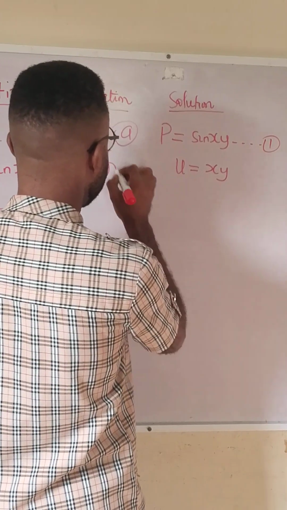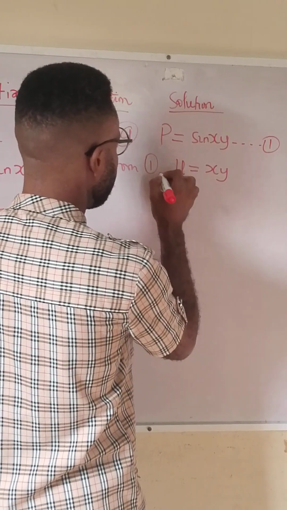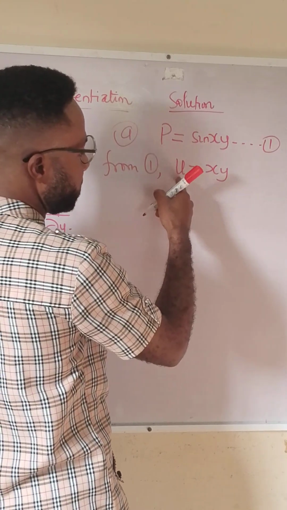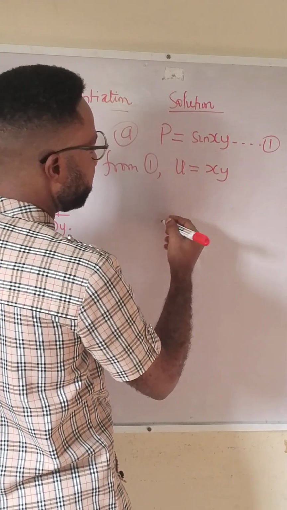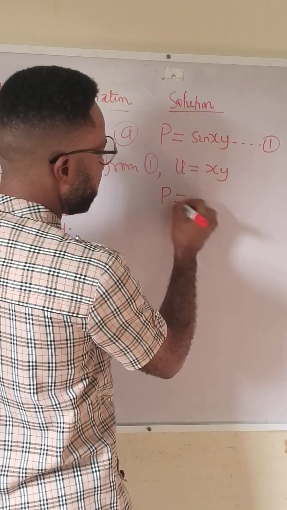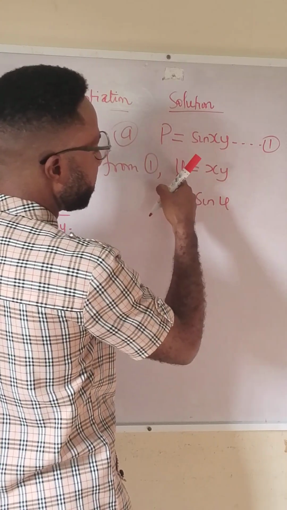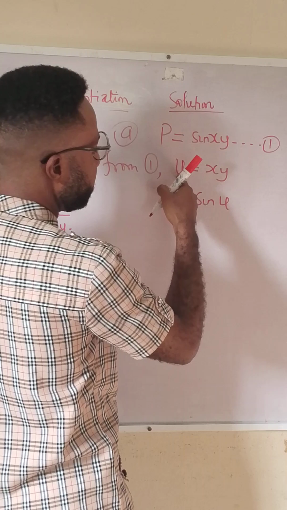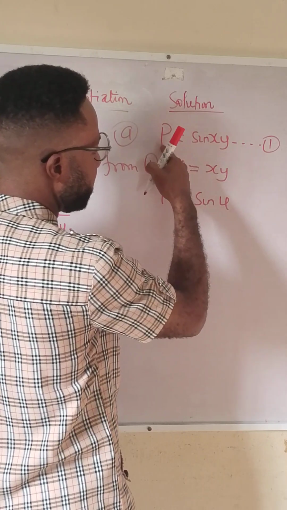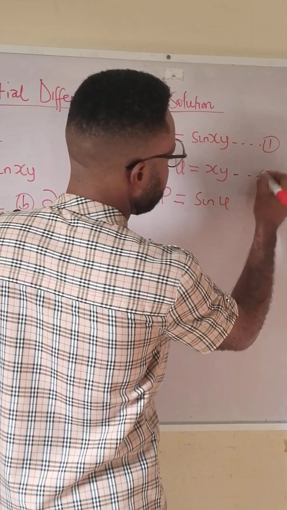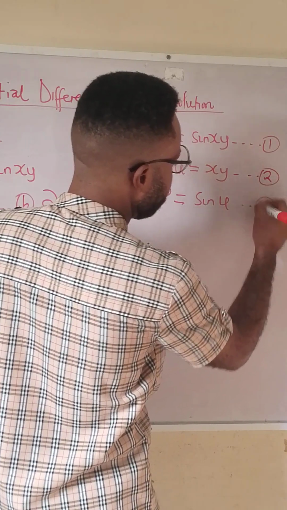So from equation 1, let u equal xy. If u is equal to xy, then p will be equal to sine u. So we can call this equation 2, and we call this equation 3.